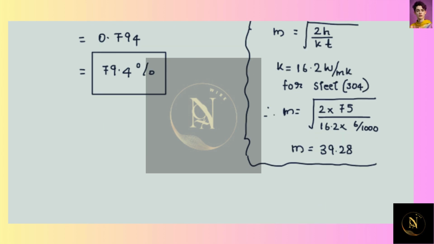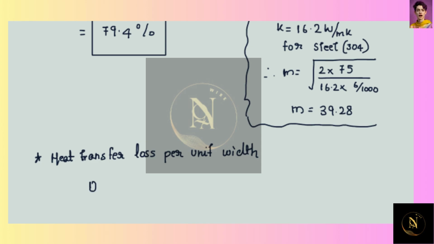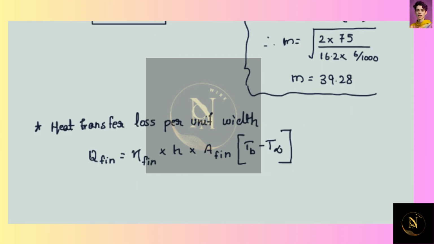Now in the first case we need to calculate heat transfer loss per unit width. The equation is Q of fin is equal to efficiency of the fin into h into area of the fin into the temperature difference, that is wall temperature minus T infinity.